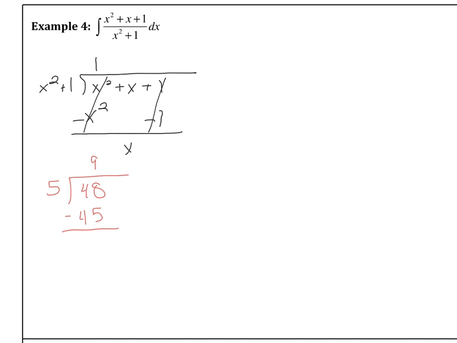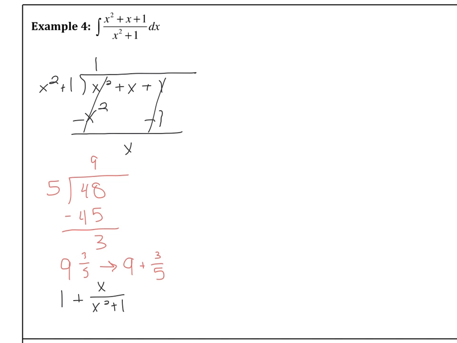Draw the line, change the sign, then combine, and you get 3. So you would say that the answer is 9 and 3/5, which is really the same thing as 9 plus 3/5. That's exactly what we're going to do here. In this case, our answer was 1 plus remainder over divisor, so x over x squared plus 1.